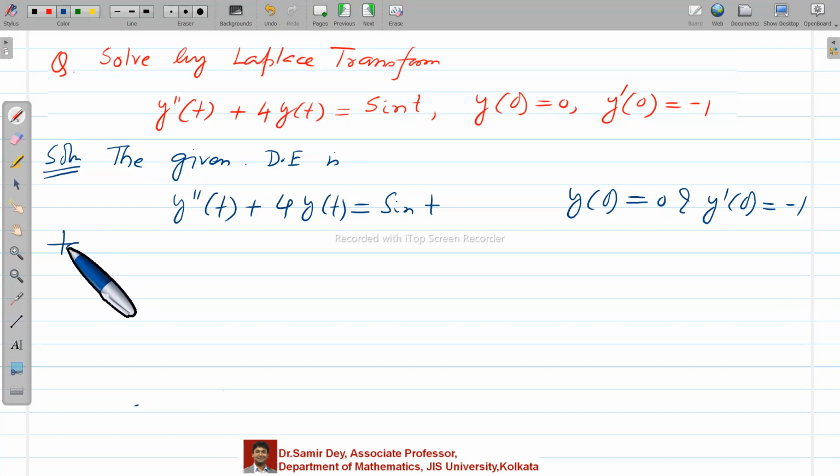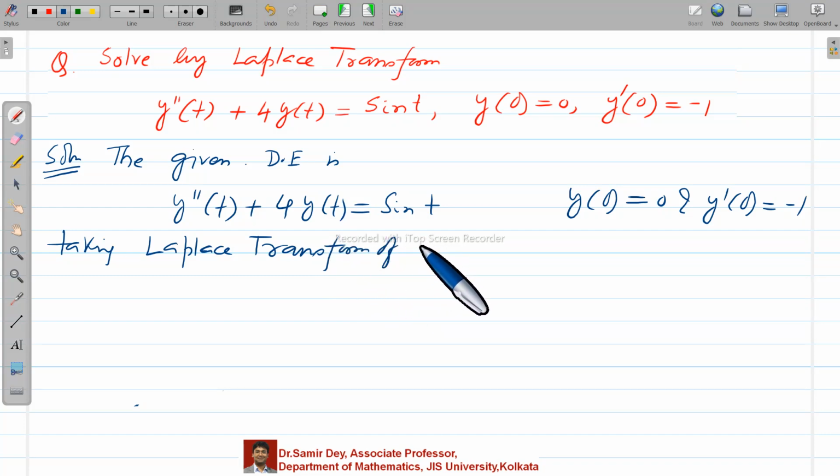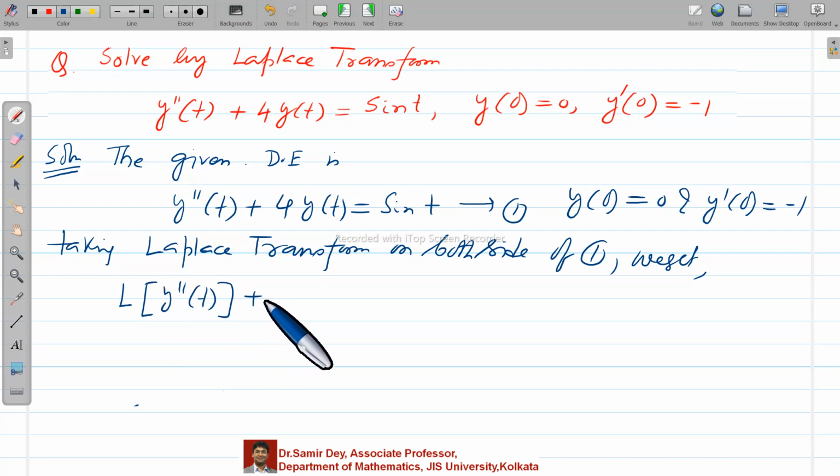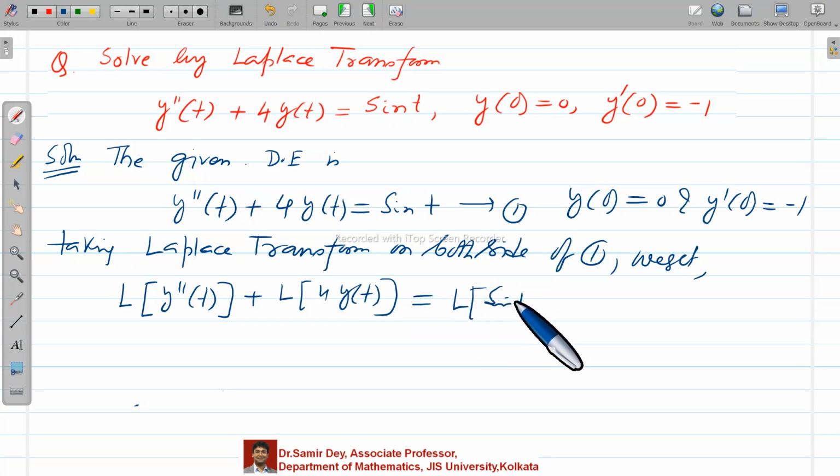Next you write down, taking Laplace transform on both sides of equation 1, we get: L of y''(t) plus L of 4 y(t) is equal to L of sin t.